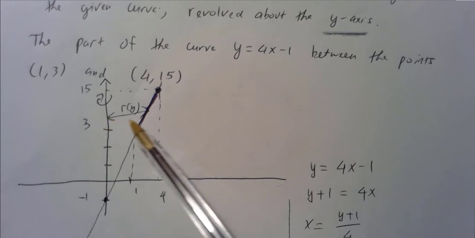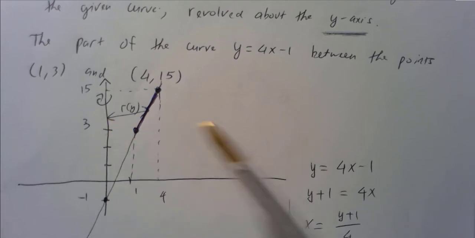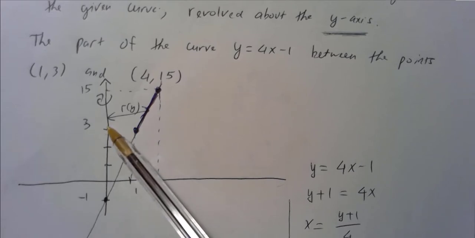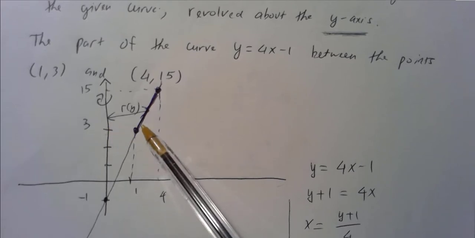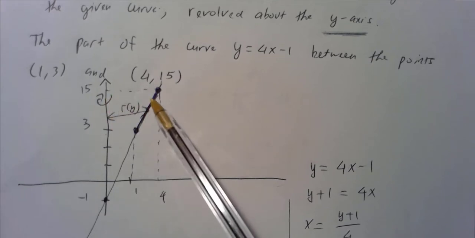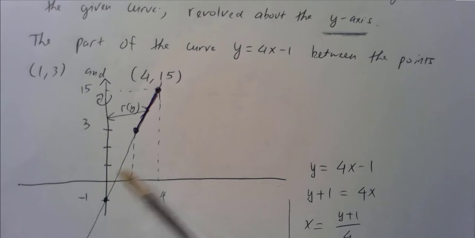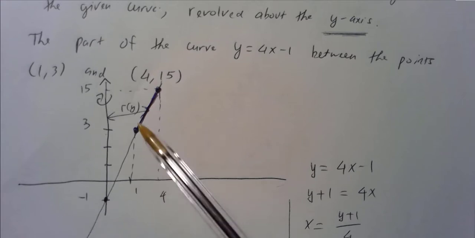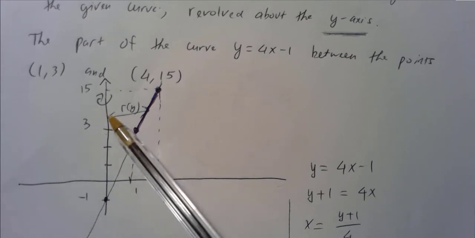This is just the distance of x, because as you move from this point, this is some value of x, and then as you move up, another value of x. As you move up from here, the x gets bigger. So we need to find the expression for the x, because this represents the radius, right?